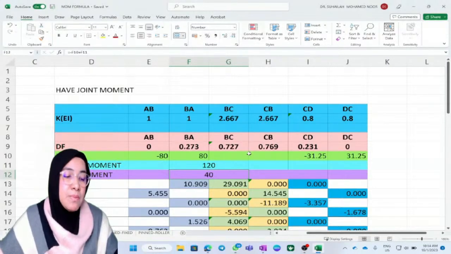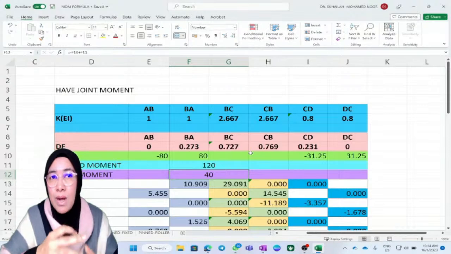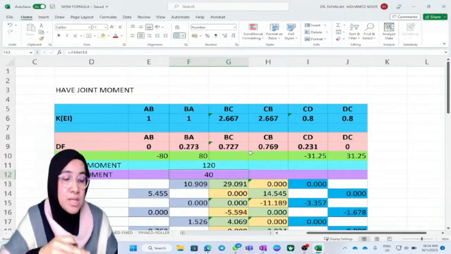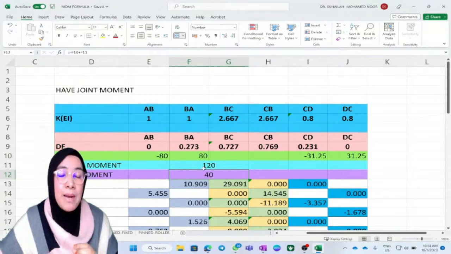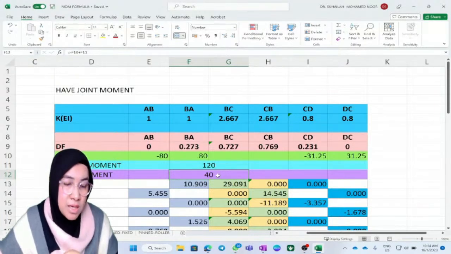The one we consider is negative 80 because the fixed end moment is opposite to the joint moment.